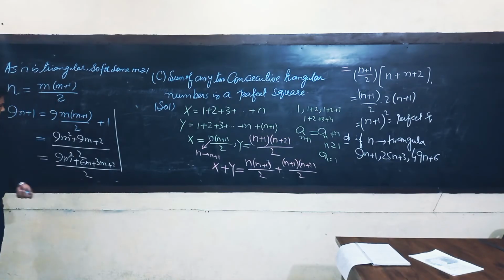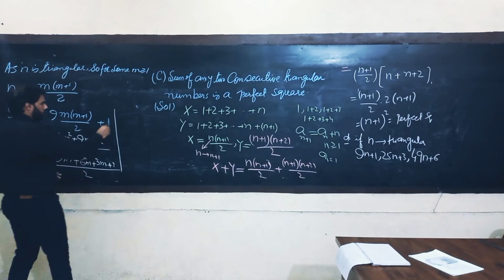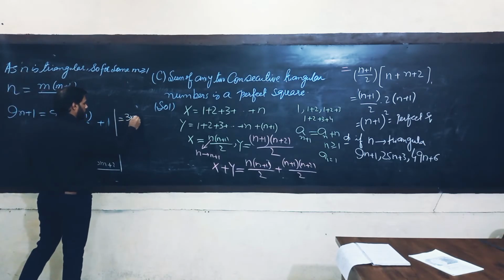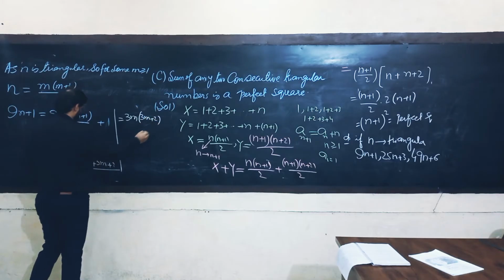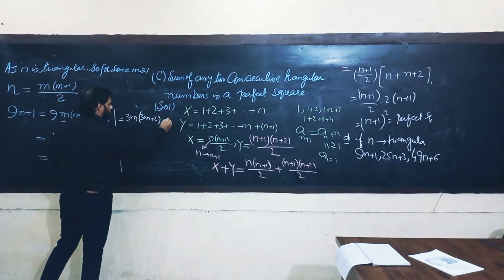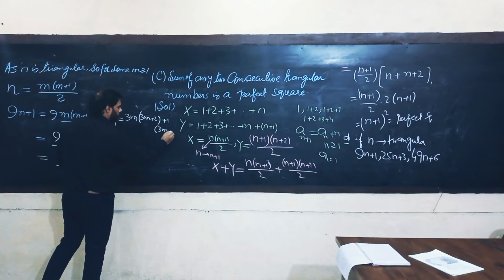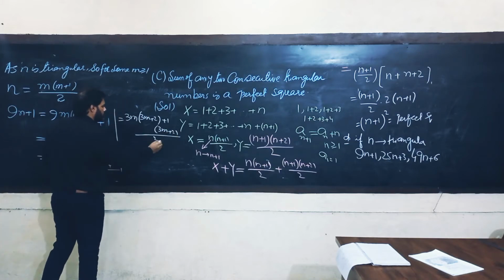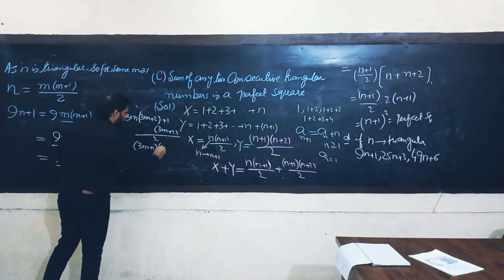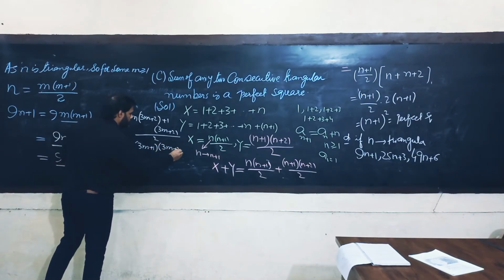By taking 3m common from here, we have 3m into 3m plus 2, plus 1 into 3m plus 2 over 2, which is simply equal to 3m plus 1 into 3m plus 2 over 2.